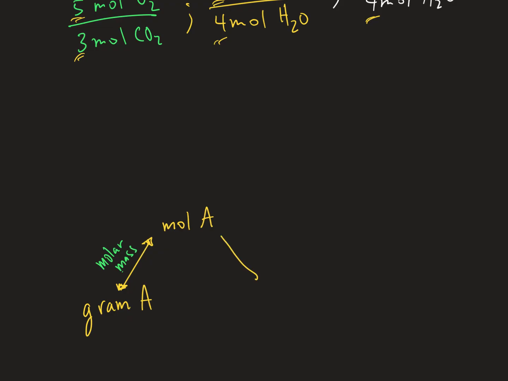And if I want to go from moles of substance A to particles of substance A, or vice versa, then I use Avogadro's number, 6.022 times 10 to the 23, and that's written on there for you.